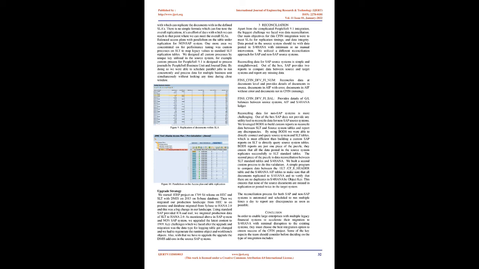Upgrade strategy. We started one ERP project on 1709 S4 release on HEC and SLT with DMIS on 2013 on Sybase database. Then we migrated our production landscape from HEC to on-premise, and database migrated from Sybase to HANA 2.0, and this was a big change in our landscape. Using standard SAP provided R3 load tool, we migrated production data of SLT to HANA 2.0.